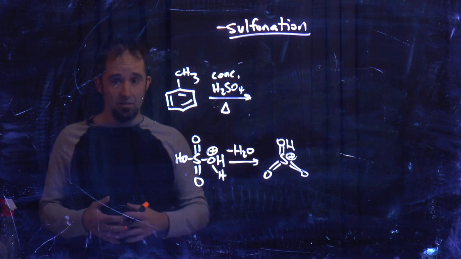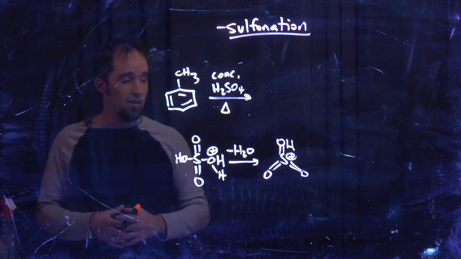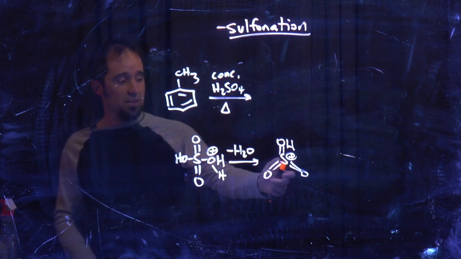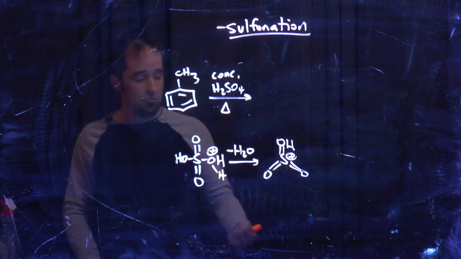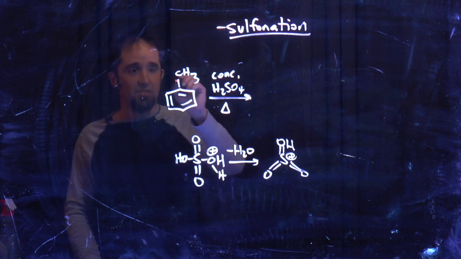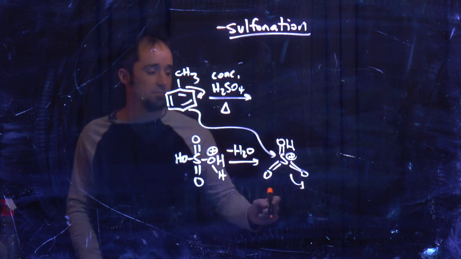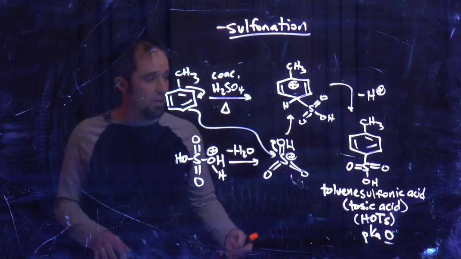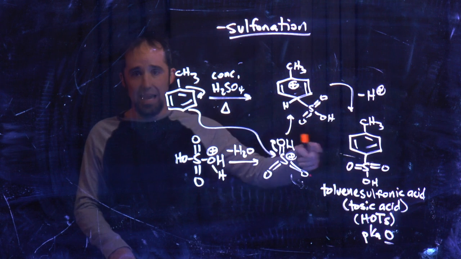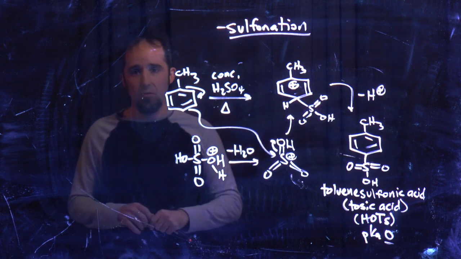When water leaves, and sulfuric acid will certainly soak up any water that's formed, I'm going to get this really cationic and unstable intermediate, very similar to the nitronium ion intermediate. And this reaction will work exactly the same way. We'll attack that. Just like NO2 added to the ring earlier, now I'm adding SO3H to the ring. And after it loses that proton, it gets back to an aromatic compound.